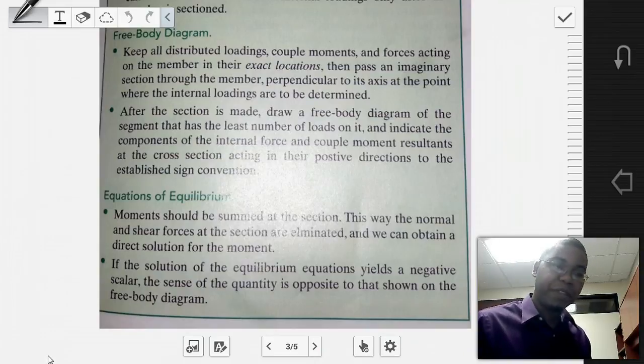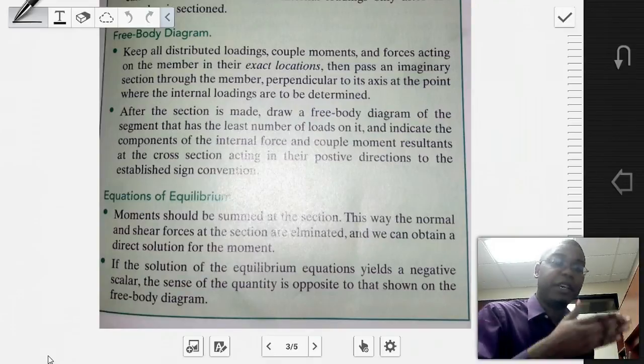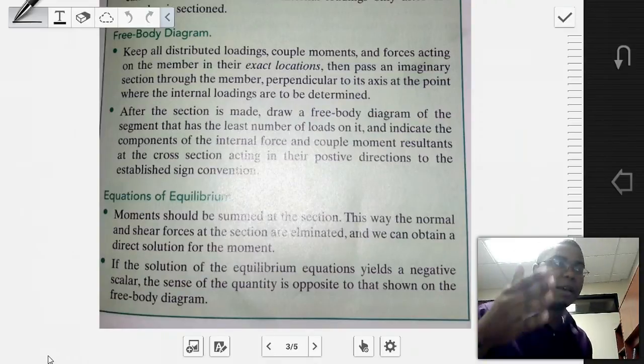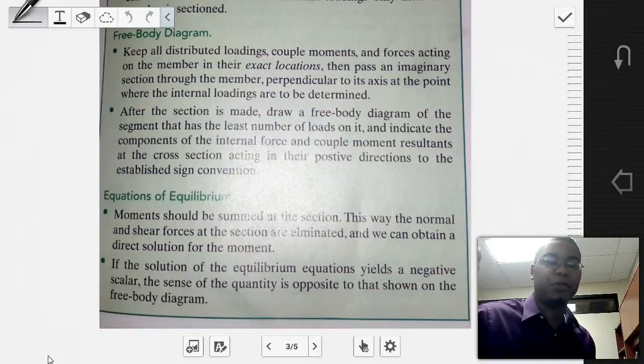Now, it's important to note that when we do the method of sections, the internal forces we find are going to be exactly the internal forces that develop along the line at which we section. And with a beam and with most objects, depending on where you section that body, the internal forces will change.